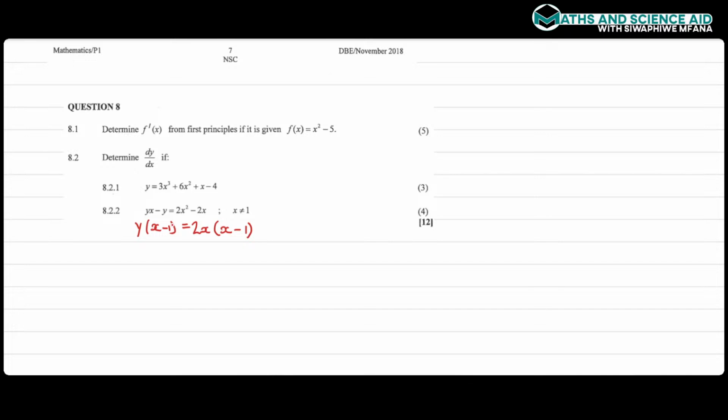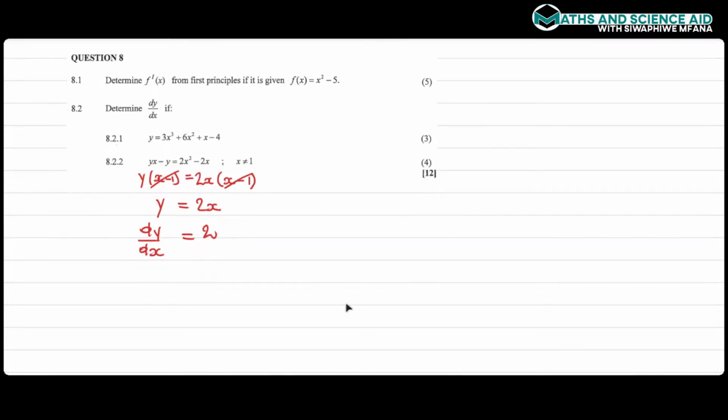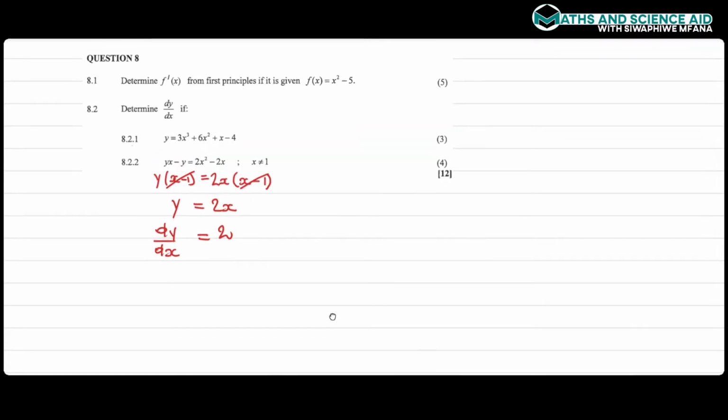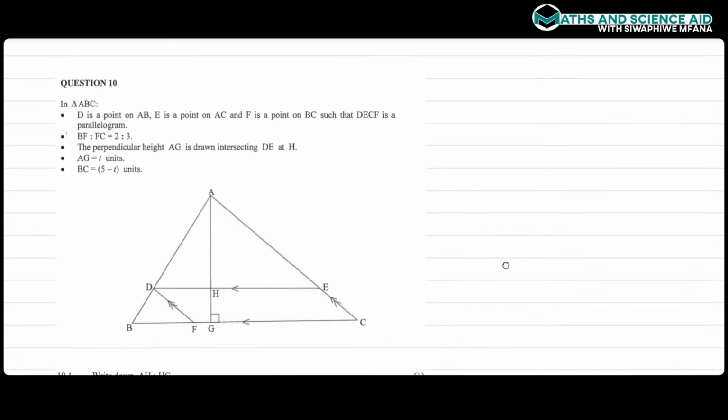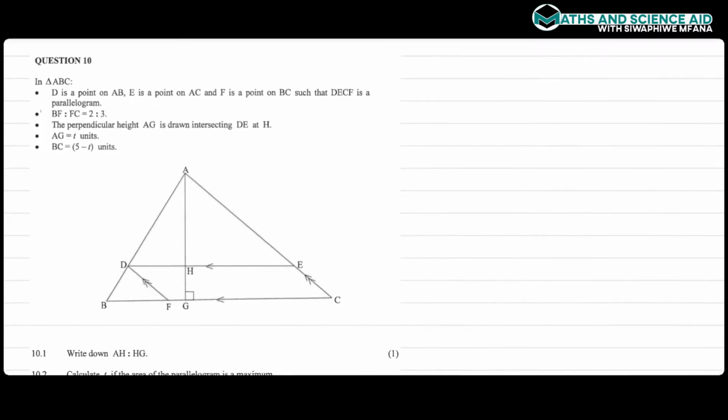And then here, as you can see now, this x minus 1 will cancel with this x minus 1, leaving you with just y equals to 2x, and you can easily differentiate this. Obviously, dy dx will be equal to 2. So you do need to be creative sometimes when it comes to these problems. Otherwise, these are free marks for you guys. And I want the optimization problems to be free marks for you as well.